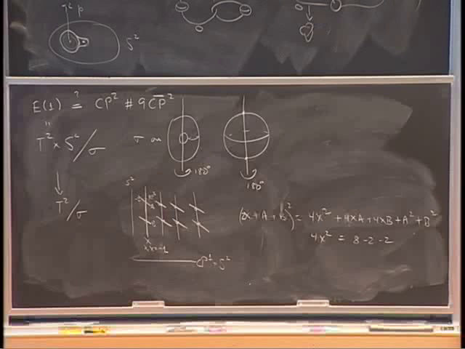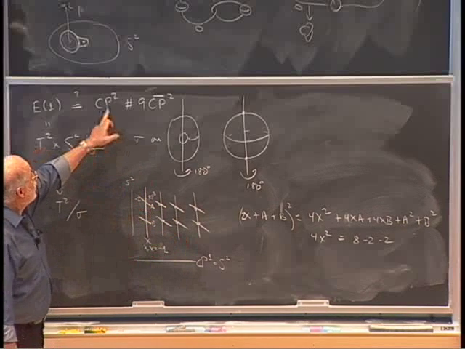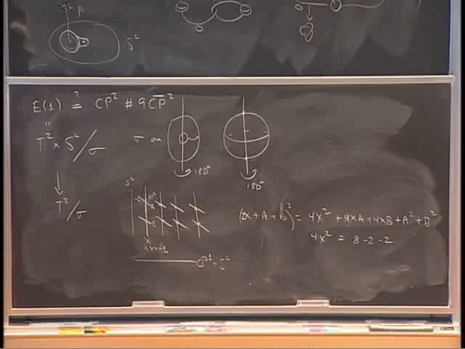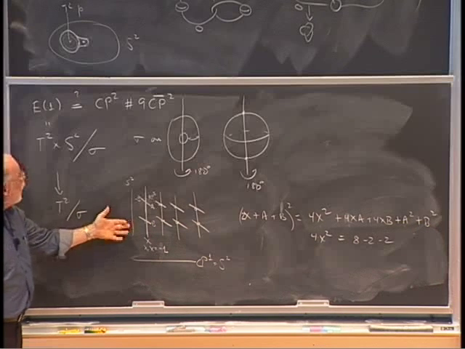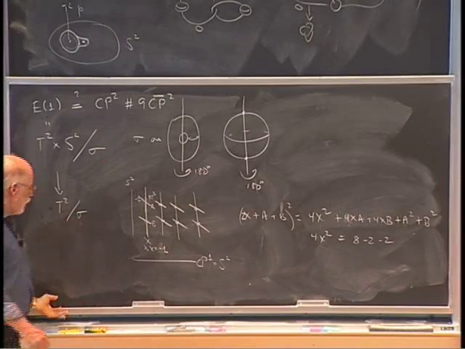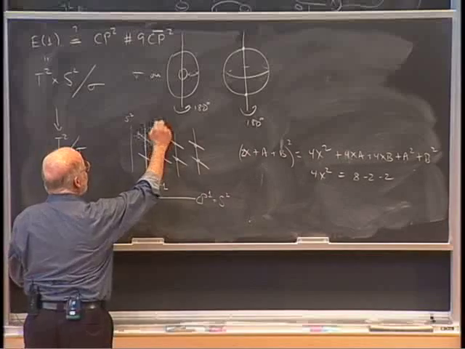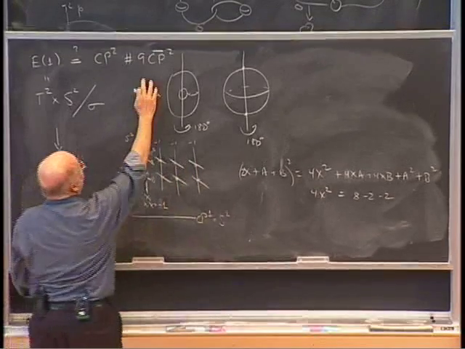Now, the point of this is that, so here's a picture. Why is this the same as CP2 connect sum 9 CP2 bars? So this is their definition of E1. And why is it this simple rational surface? So what was the method? Well, the method was that you take these 4 minus 1s and blow them down. When you blow them down, that's 4 of these.